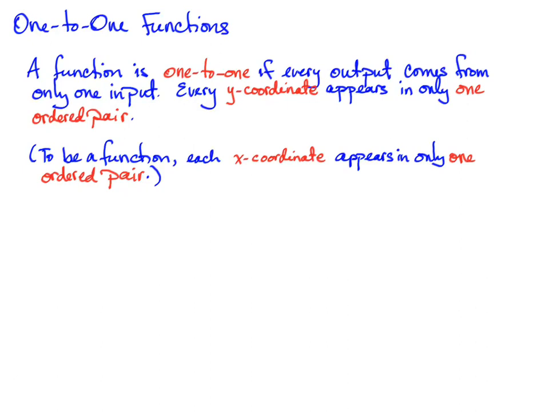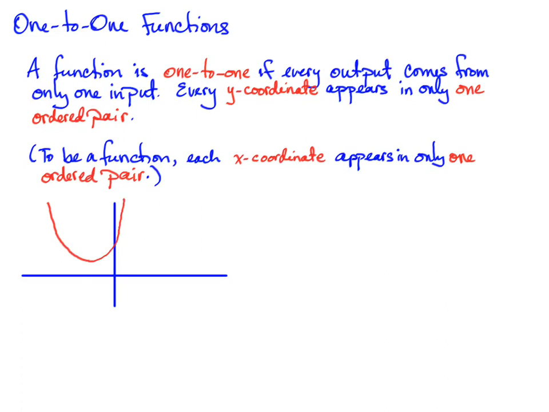But to be a one-to-one function, we need to be concerned with the y-coordinate as well and see if the y-coordinates all appear in only one ordered pair. Very similar but very different definitions.